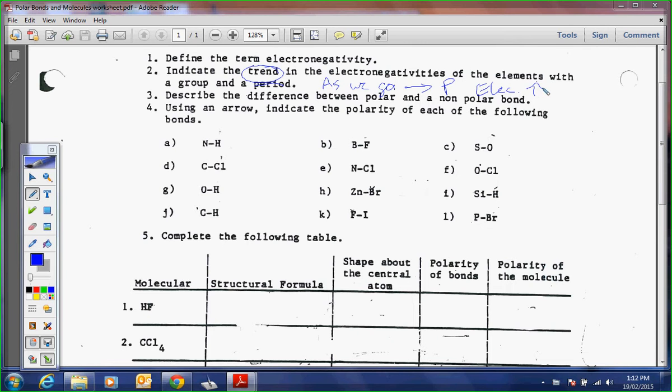Right? Okay. Describe the difference between a polar and a non-polar bond. A non-polar bond has an equally shared pair of electrons.